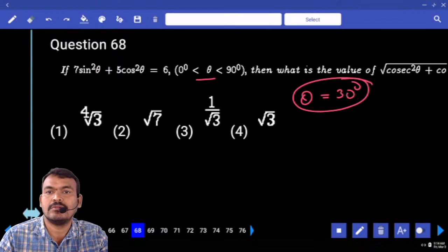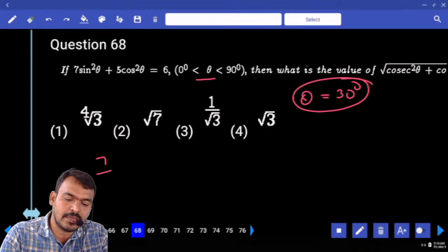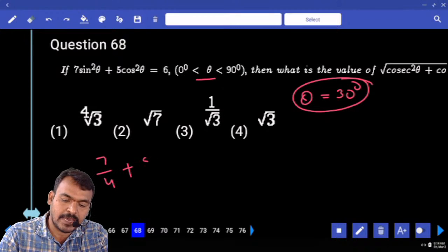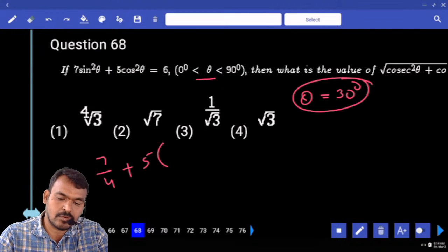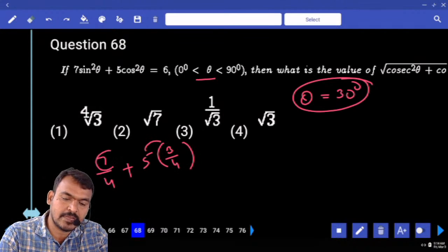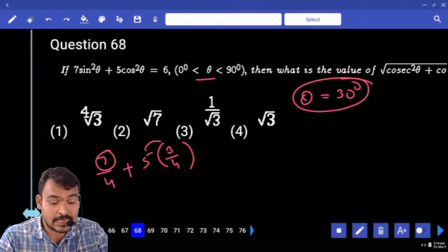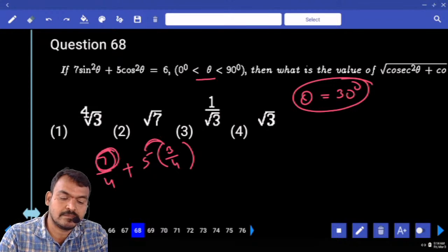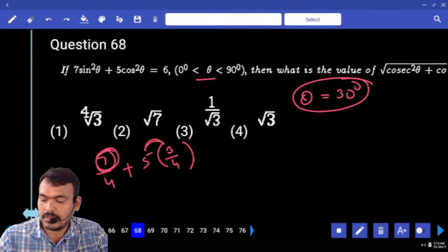Sin 30 is 1 by 2, so it is 7 by 4 plus 5 into cos 30, root 3 by 2, which is 3 by 4. 5 threes are 15 plus 7, 22 by 4, not equal.